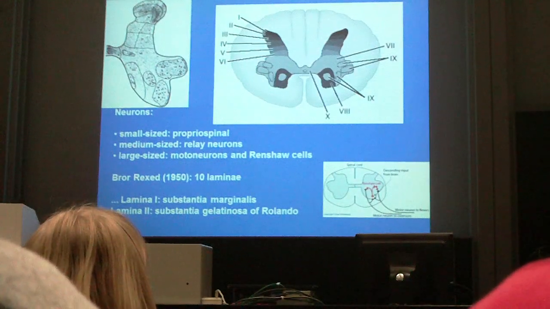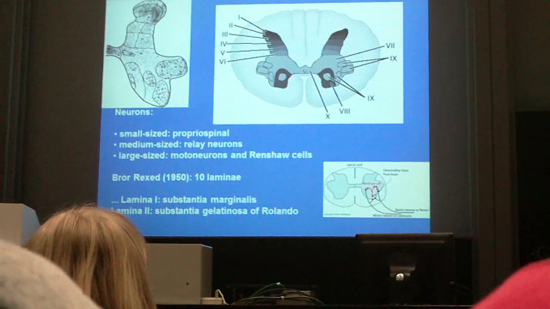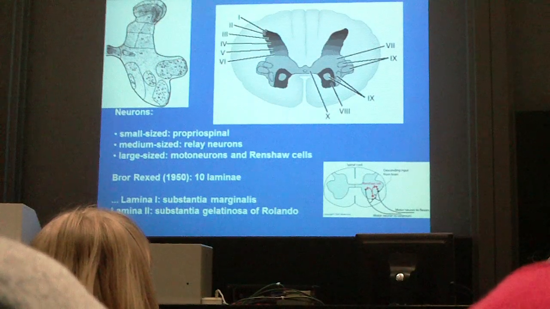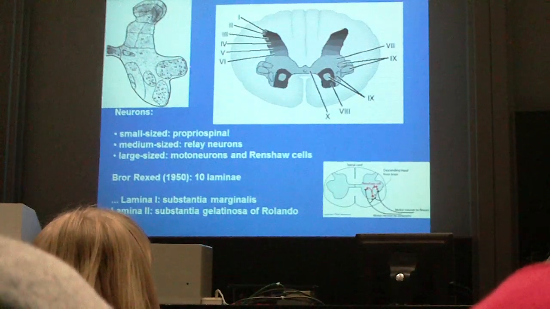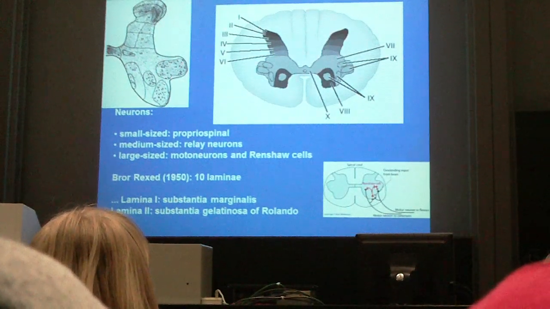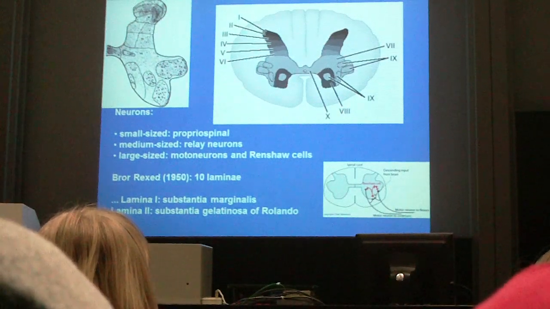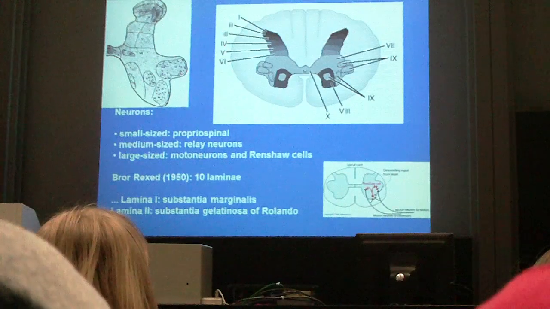Now, if you then stay with the central nervous system, the spinal cord can be subdivided anatomically. And here you can see it's been subdivided based on morphological characteristics. For instance, here there are large neurons, motor neurons, that Rexed qualified and said this is area 9.